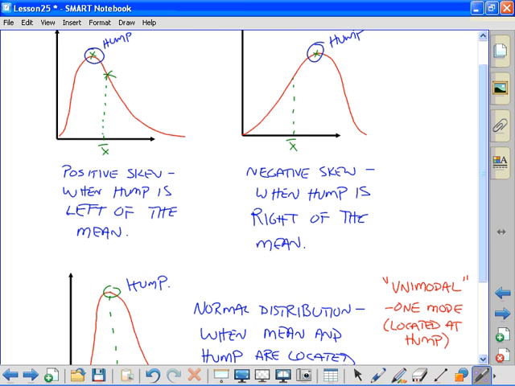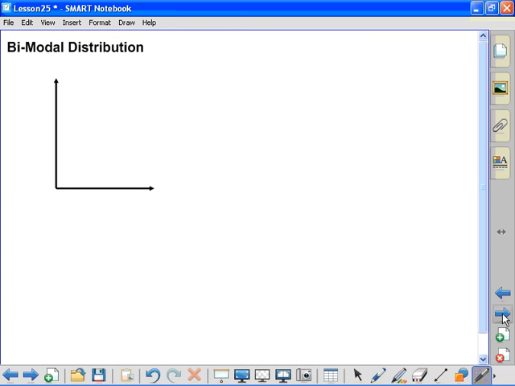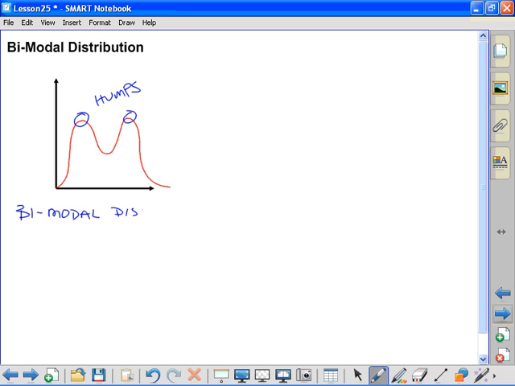And that's unimodal. So when we move into our last one here, the bimodal distribution, this is when you end up with a double hump. We have two humps in this case. So bimodal means two modes. That's how it comes up with the name bimodal distribution.